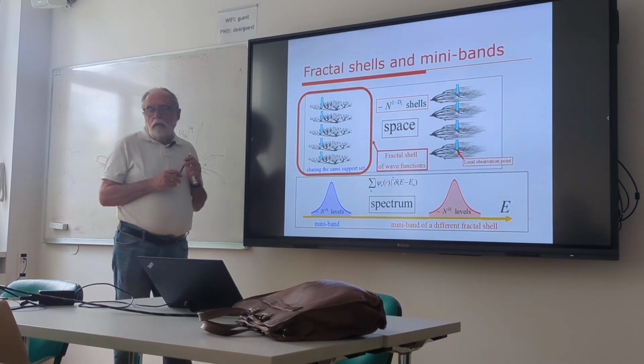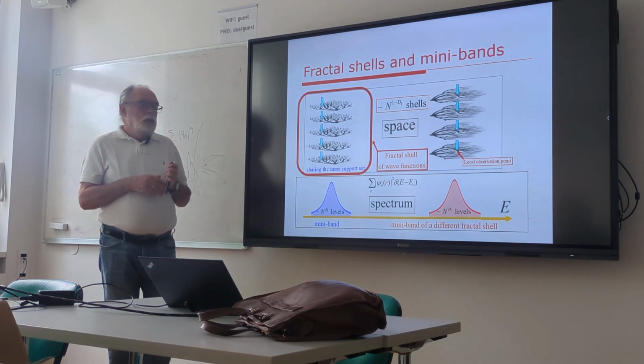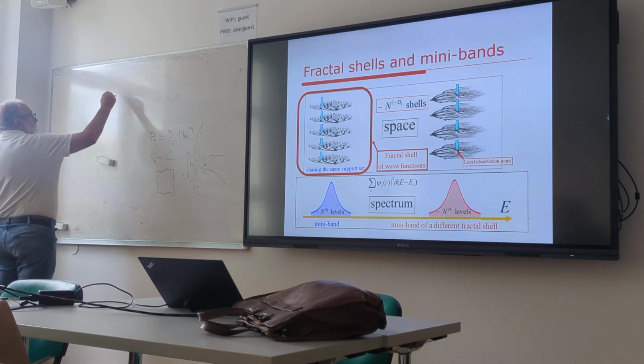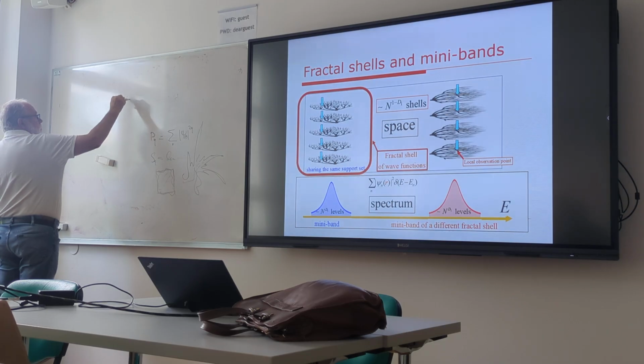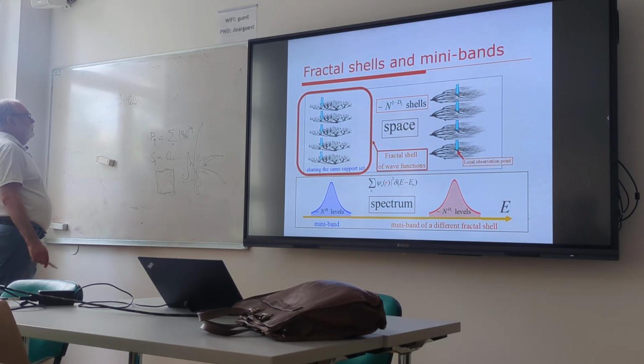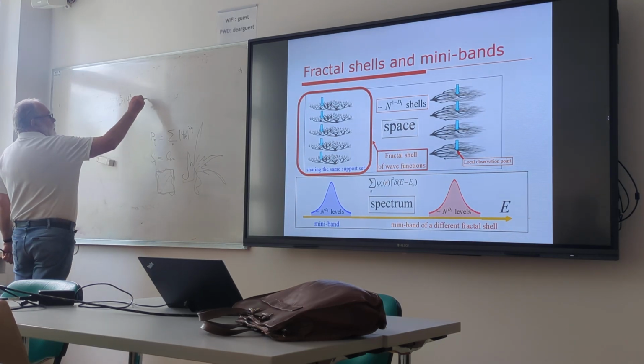But in general, if you take, let's say, psi squared of E times psi squared of E plus omega, such a correlation function, which has to do with return probability, as you know. So it is essentially the Fourier transform of the return probability.